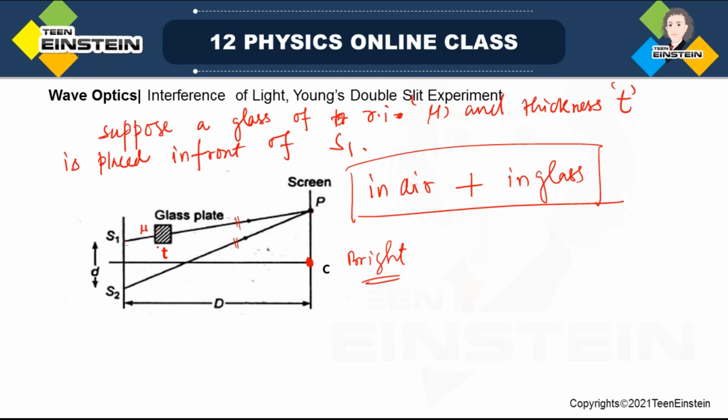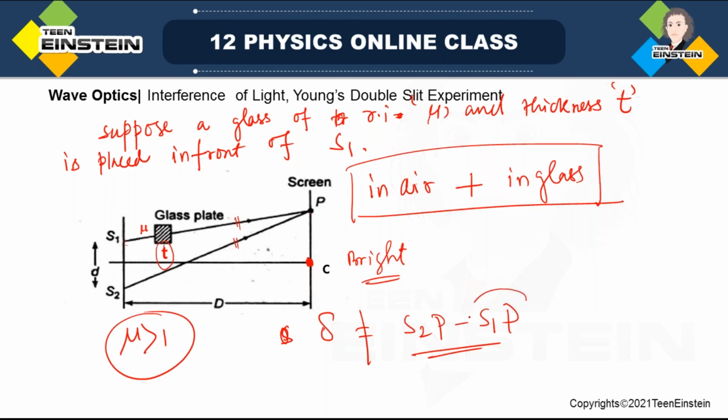But when one of them travels through a medium of thickness T and refractive index mu, which is greater than 1, the path difference delta is not only S2P minus S1P, because the path S1P is not correct now.